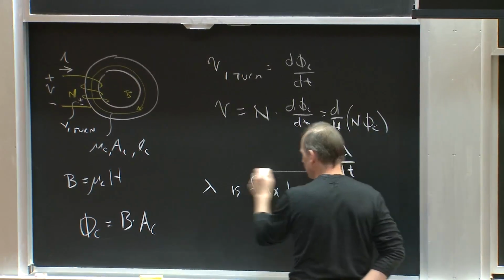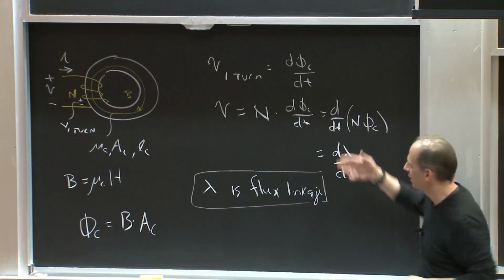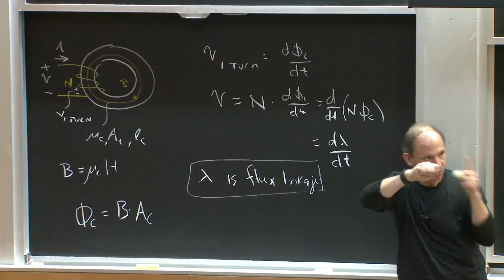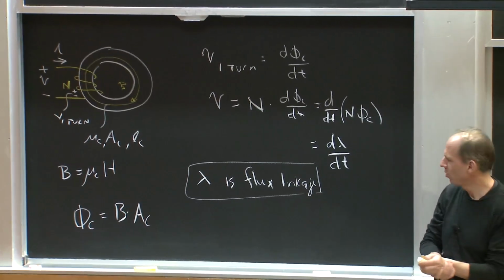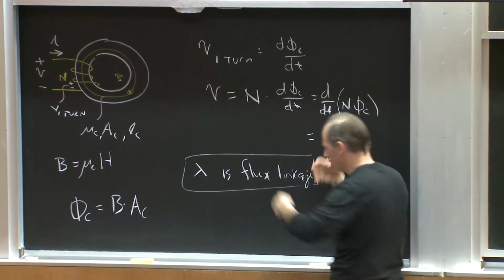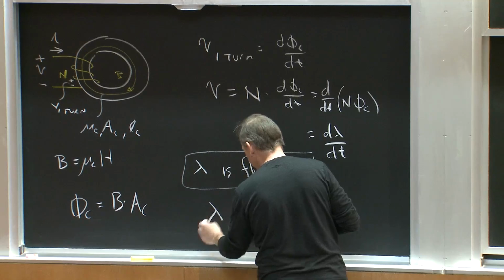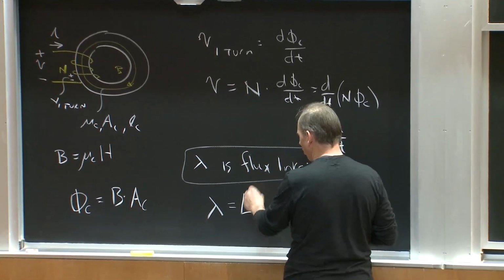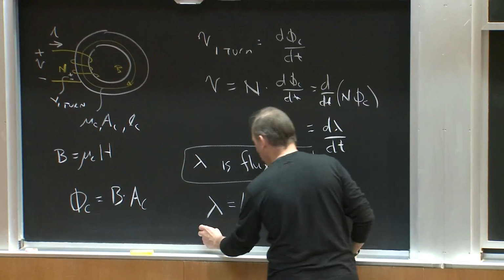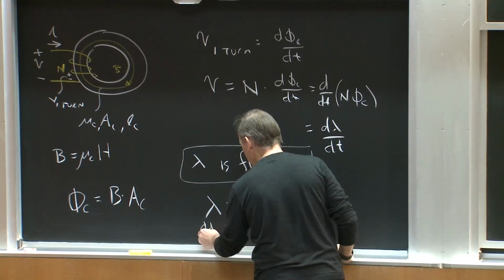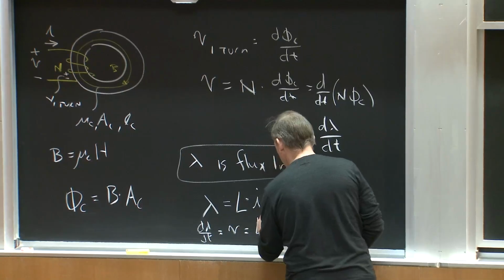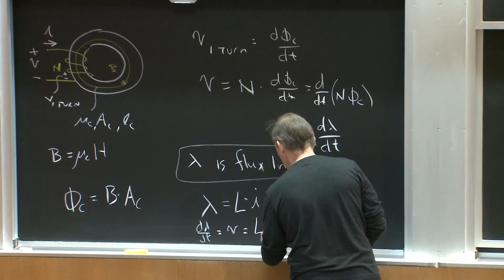That's its definition. So it's the flux linked by the net N-turn windings, or N times the flux linked by each turn. Okay? And we also derived the fact that lambda, the flux linkage, is equal to some constant L, the inductance, times the current, or d lambda dt, which is the voltage, is equal to L di dt. Okay?